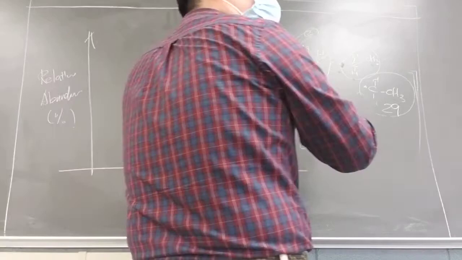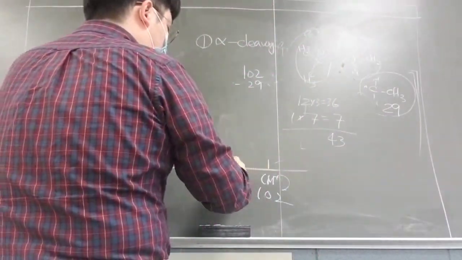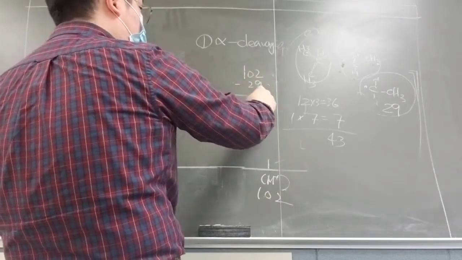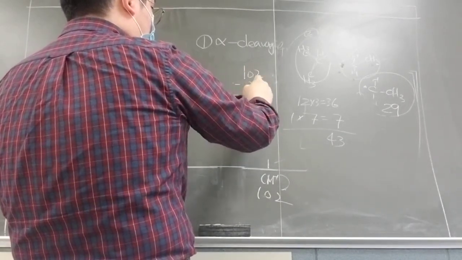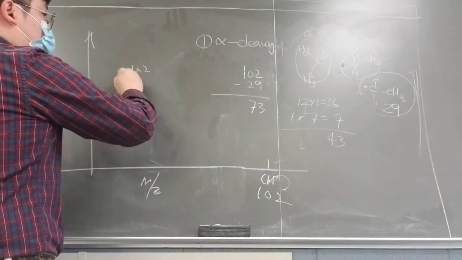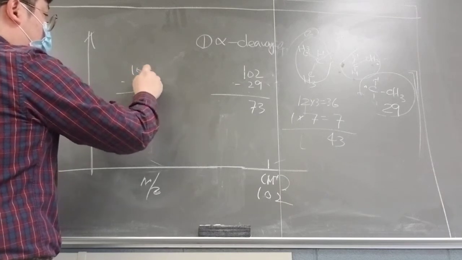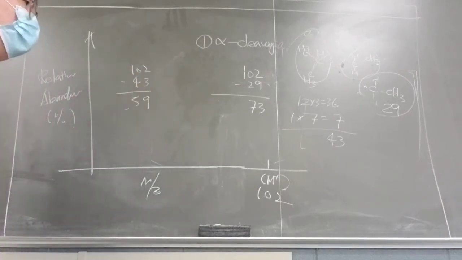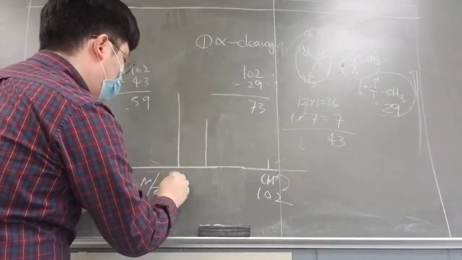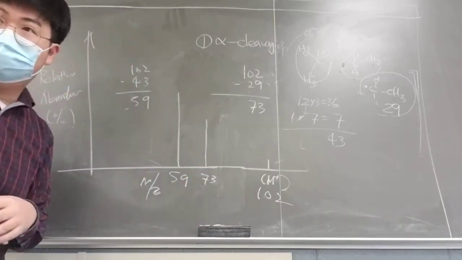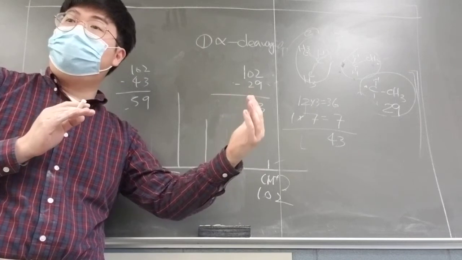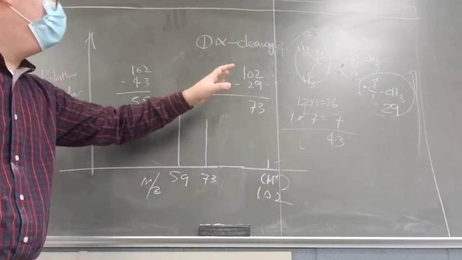So if that is the case, you're going to see the peak at M+ minus 29, which will be 73, okay, 73. And M+ minus 43 will be 59, okay? So if you do see the peaks at those two, now you can say, oh, this had not gone through dehydration, but it did through alpha cleavage.